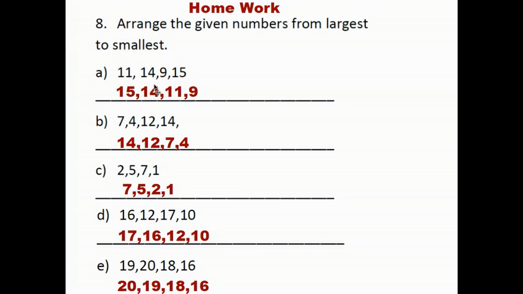So, what's next? 14 and 11. Finally, 9. As you can see, the pattern starts from 15 to 9. So the numbers are decreasing, from the largest to the smallest. So we call it decreasing order.